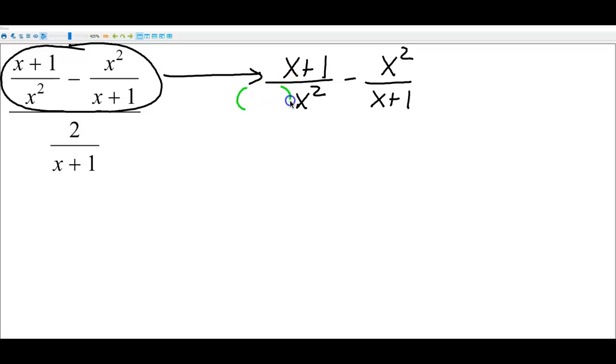So I'm going to multiply this one by x plus 1. And I'm going to multiply this side, I'll put these in parentheses, by x squared. So I'm getting a common denominator there, right?